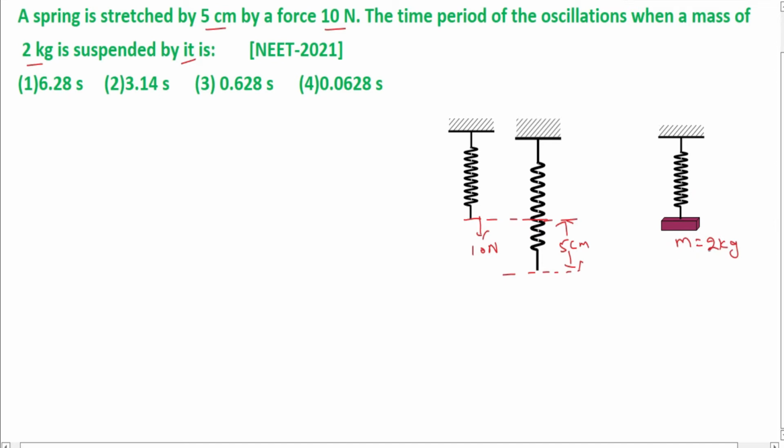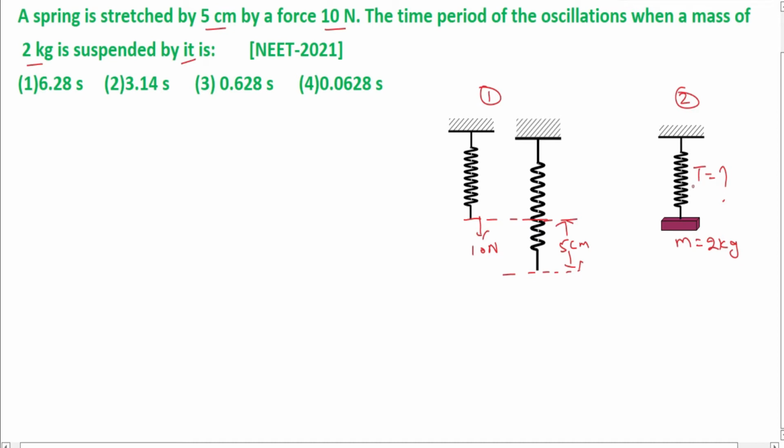When this mass is left, this spring block system makes oscillation with some time period T. Now he is asking us to calculate the time period. Let me take this as case 1 and this as case 2.